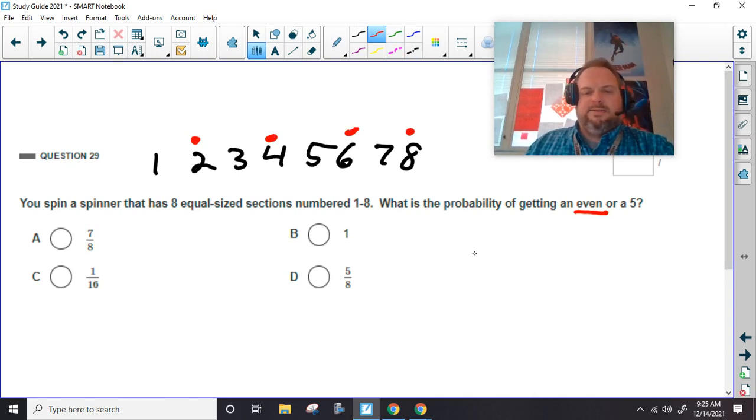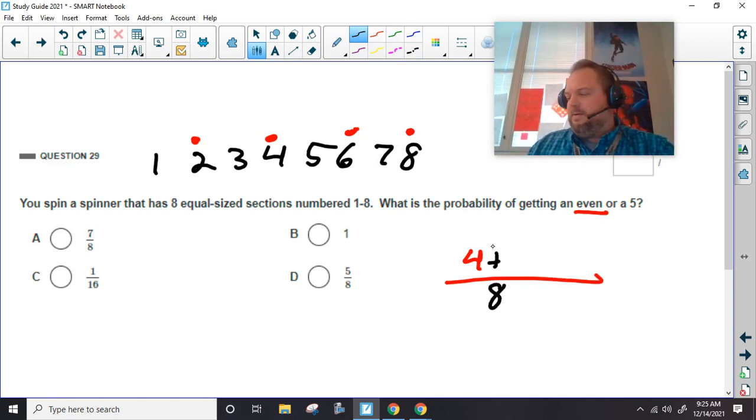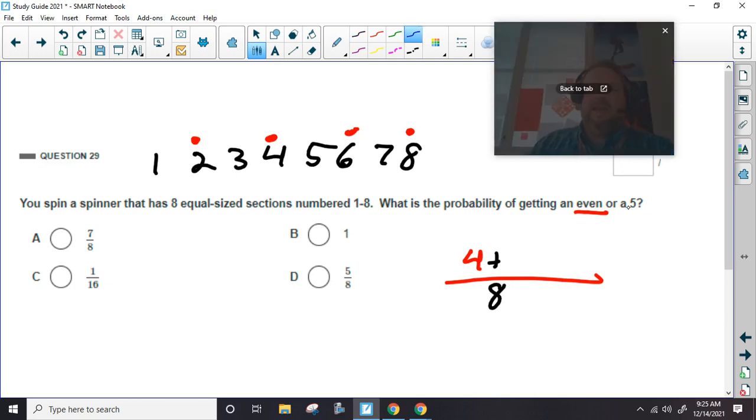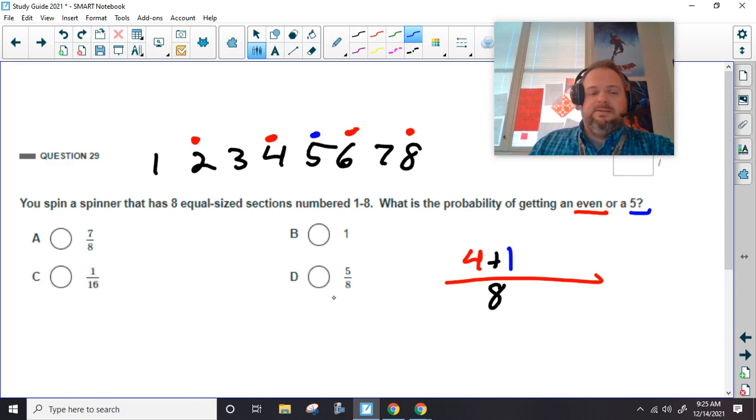So that happens 4 times out of 8. Now, how many fives are there? 1. So this actually is 5 over 8. Yeah, y'all's is A, but you know.